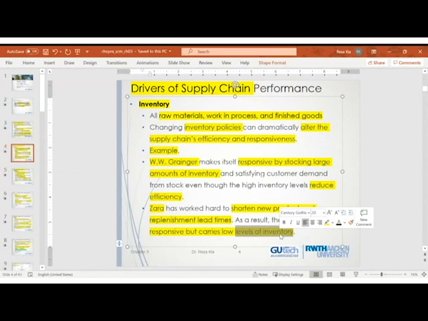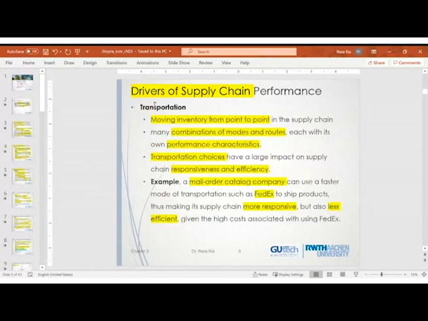Maybe you can keep a huge amount of inventory in your warehouses, or maybe you still want to keep the inventory level low in your warehouses. Then your manufacturing site should be flexible enough to absorb that uncertainty. So I'm saying that inventory policy will have a huge impact on the efficiency and responsiveness of our supply chain.